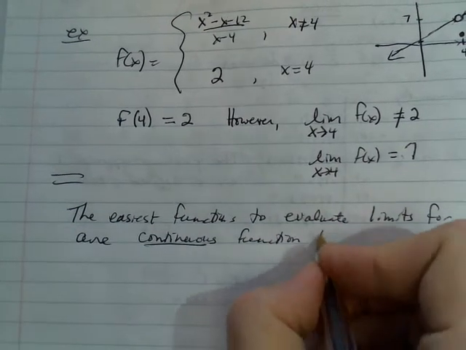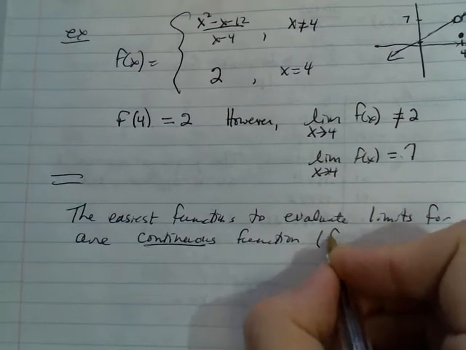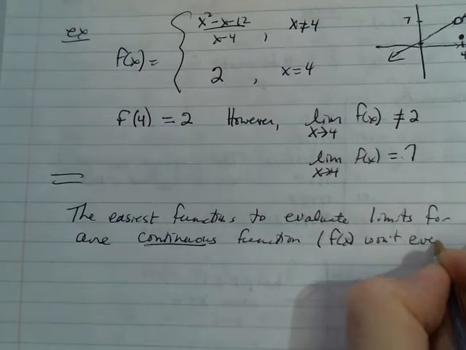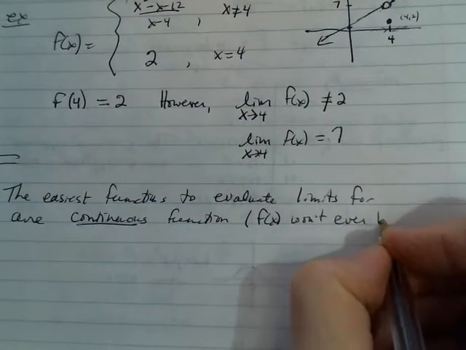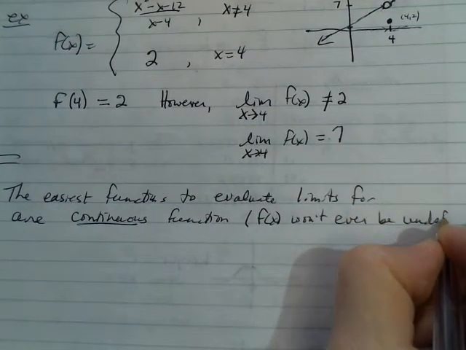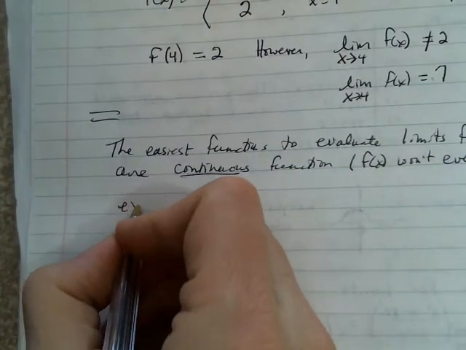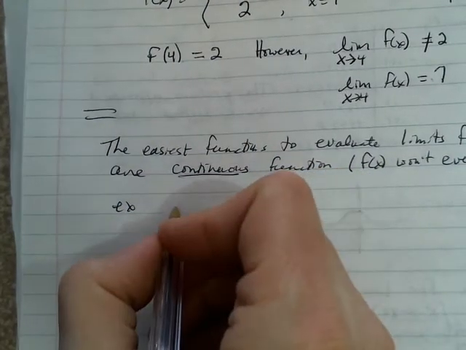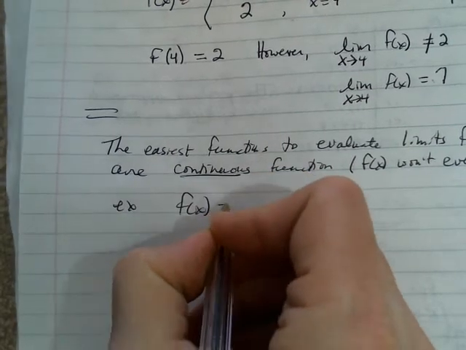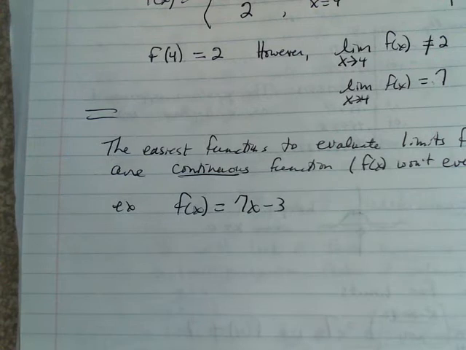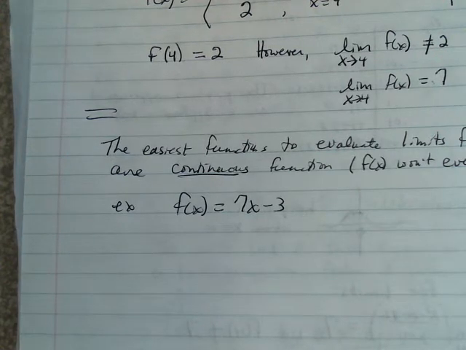In other words, this f of x will never be undefined, won't ever be undefined. So for example, let's say we have f of x equaling something simple like 7x minus 3. That's just a continuous function. It's always defined. The input is all real numbers.